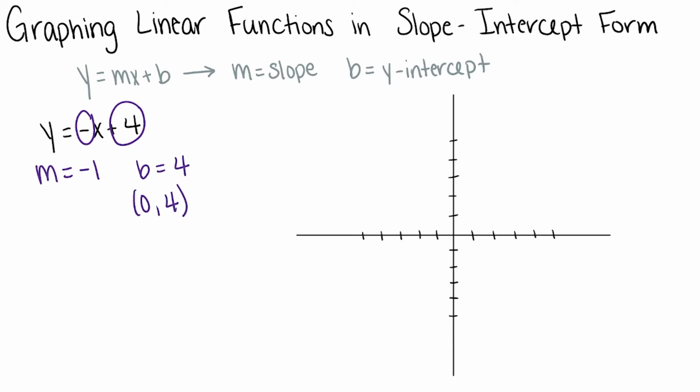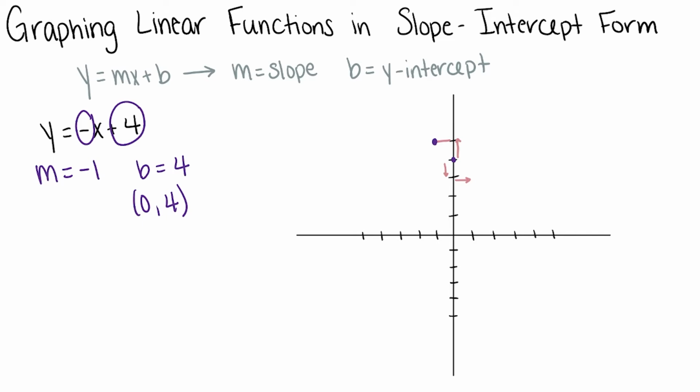So if we plot our y-intercept, plot that first point, and then use our slope, keeping in mind slope is rise over run, let's rise 1, positive 1, and run to the left 1, or we can rise negative 1, go down 1, and go to the right 1.